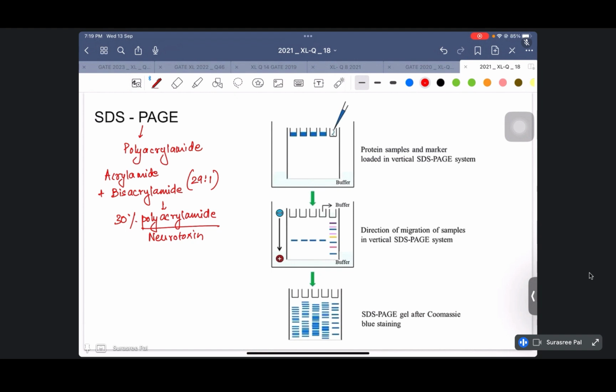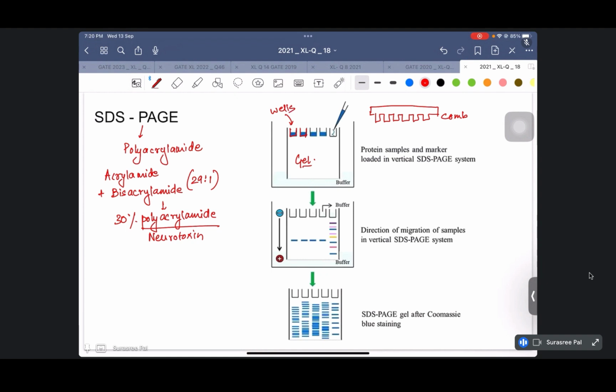In this particular setup, we usually run proteins, or we can also run DNA in these gels. This is how the gel looks, and it has these wells. This structure is called a comb, which we insert into the gel so that these wells form in the gel.